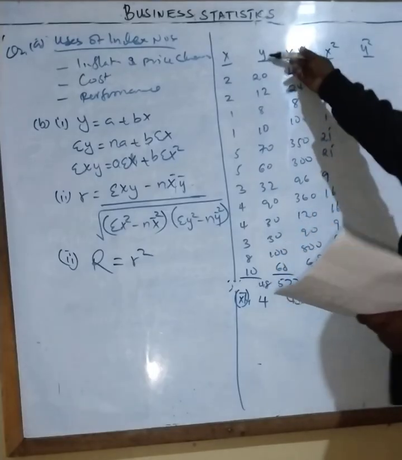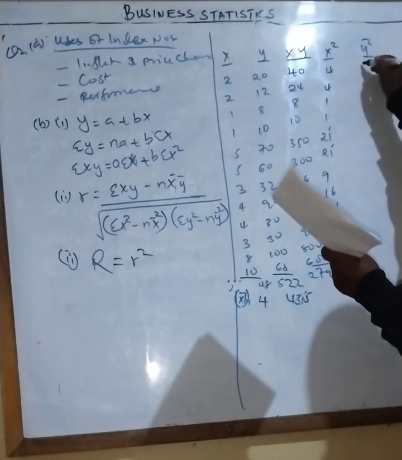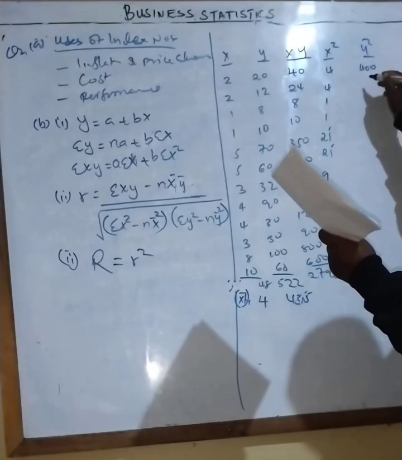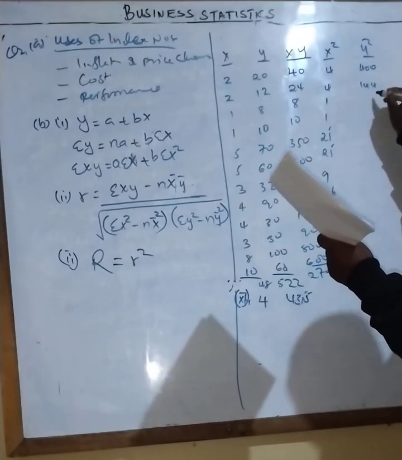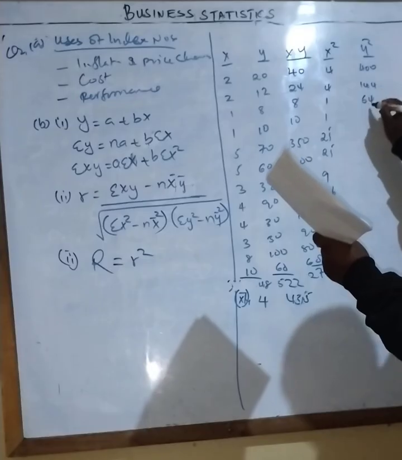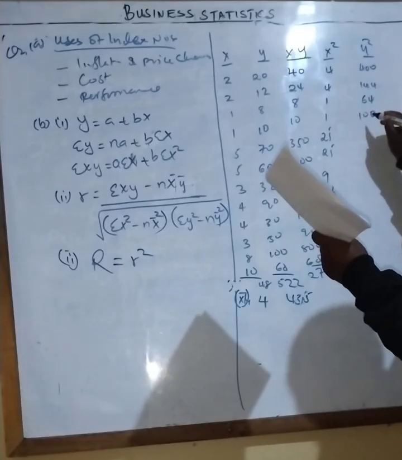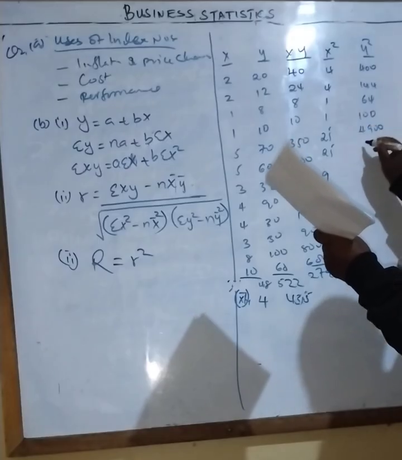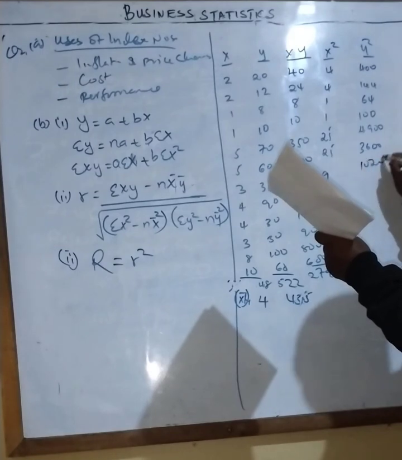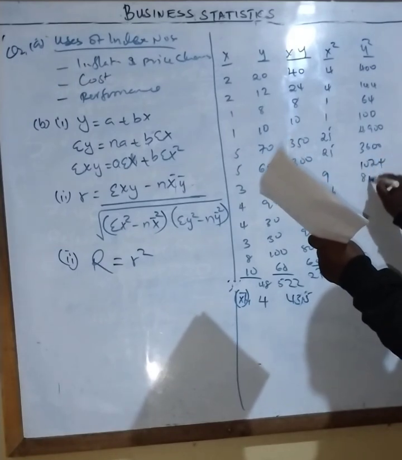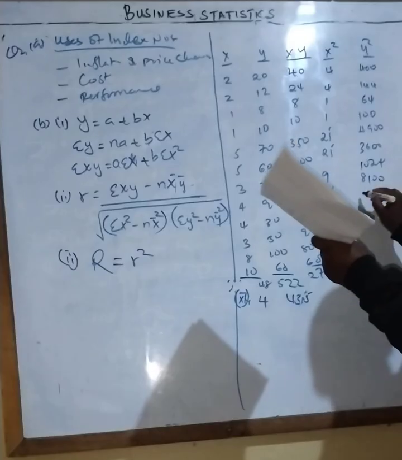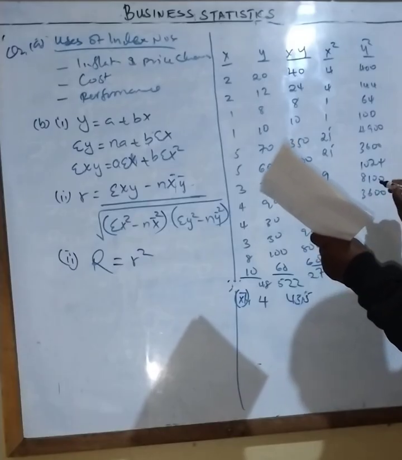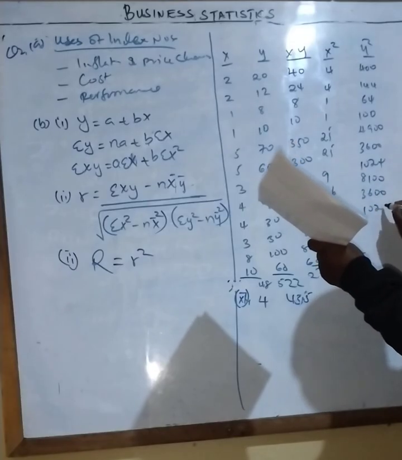Then Y square, which is this here, if you work it out, you get 400, 144, 64, 100, 4,900, 3,600, 1024, 8100, 3600.